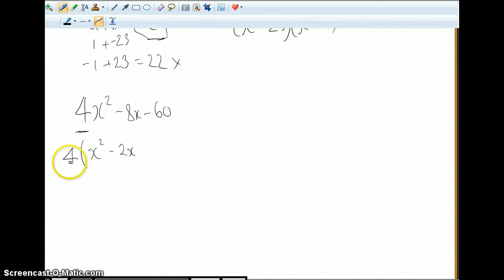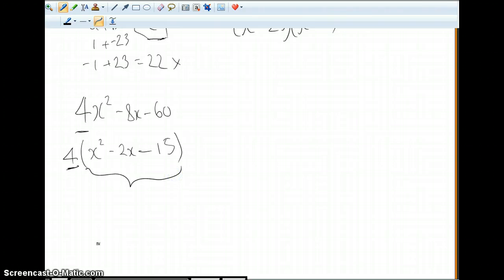Okay, 4 times minus 2 gives minus 8, and minus 15 fours are 60. So always a clever step. See if each of the terms is divisible by the same number and take that number outside the bracket like I have.